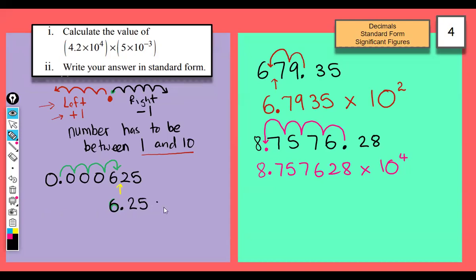Since we're moving it to the right, it moved 4 places, but we don't put positive 4. When it moves to the right, it has to be negative. So when the decimal point goes to the right, the value over the 10 gets smaller. If you're moving it to the left, the value over the 10 becomes more positive. It gets larger.